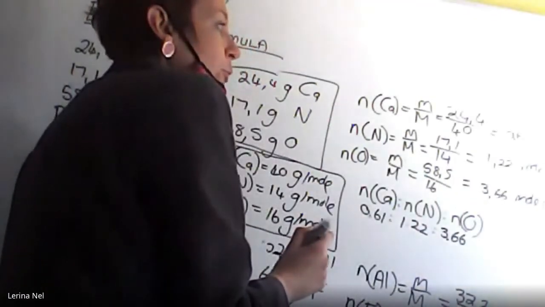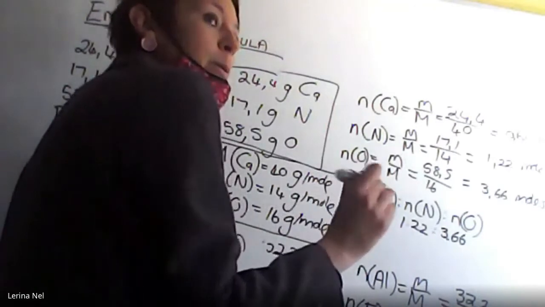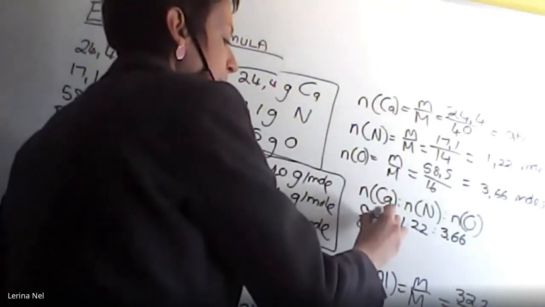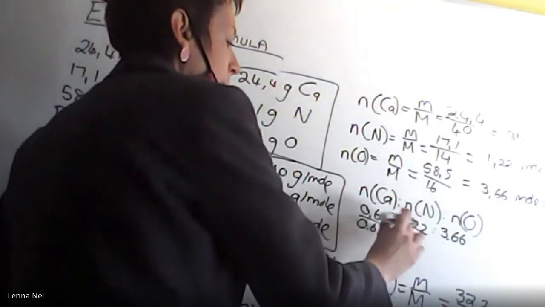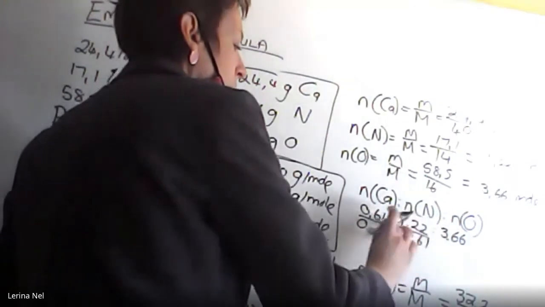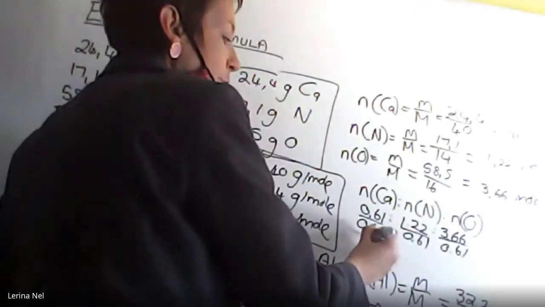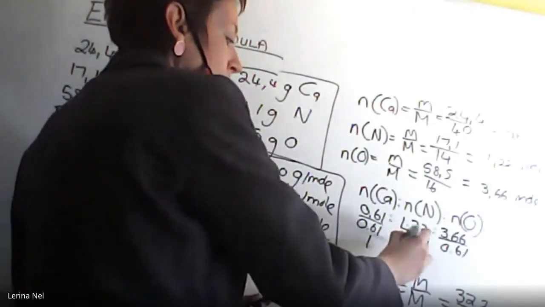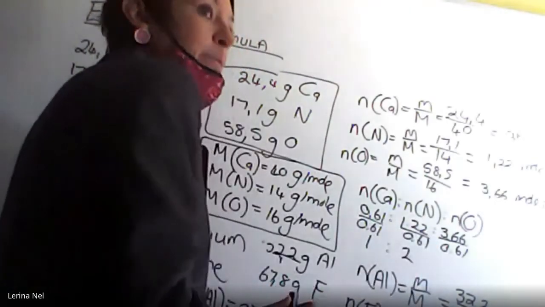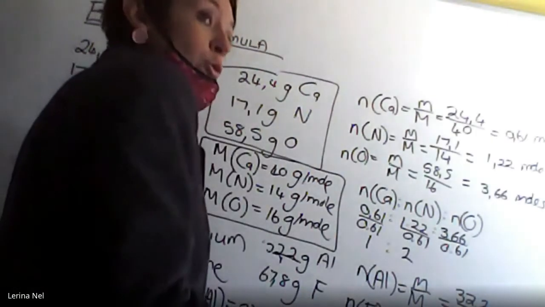So what can we do here? We can divide by the smallest number. In this first case, it's going to give me 1. 1.22 divided by 0.61 should give me 2.